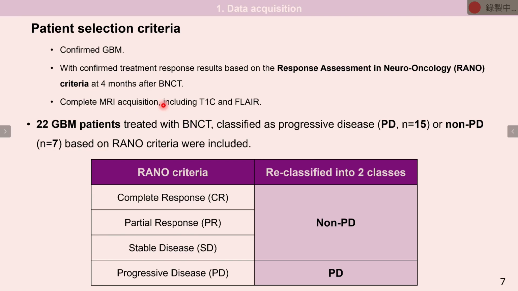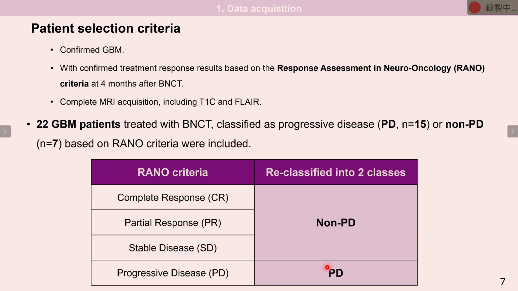Finally, 22 GBM patients were included, and they were classified into 2 groups, progressive disease and non-progressive disease, according to their RANO criteria results. There are 15 patients belonging to PD, and 7 patients belonging to non-PD.